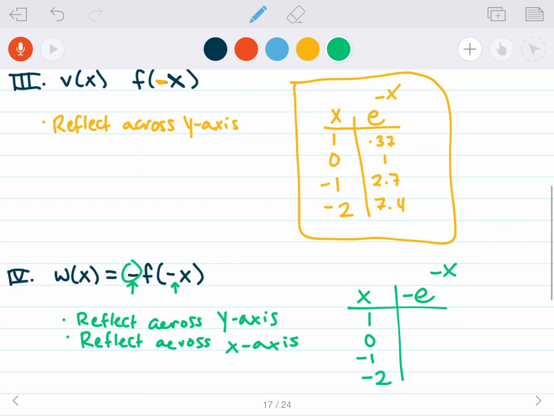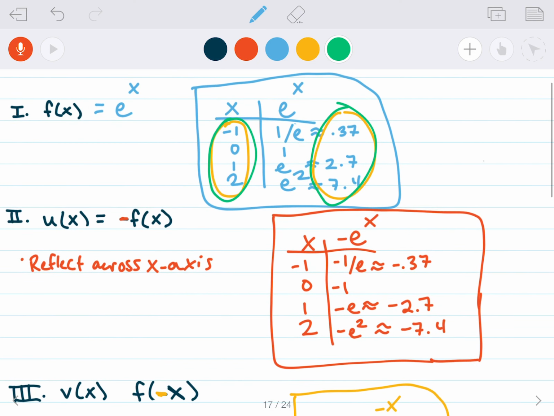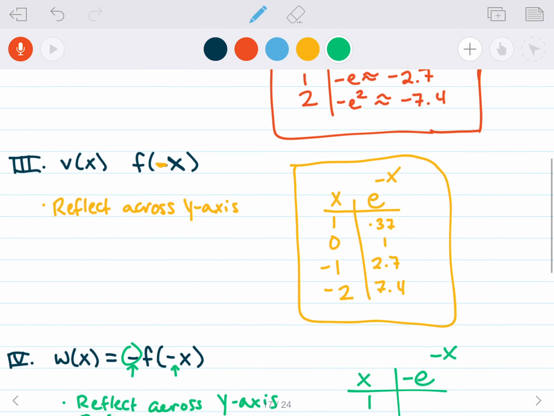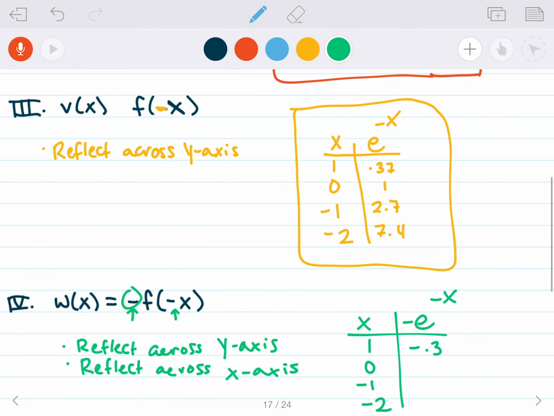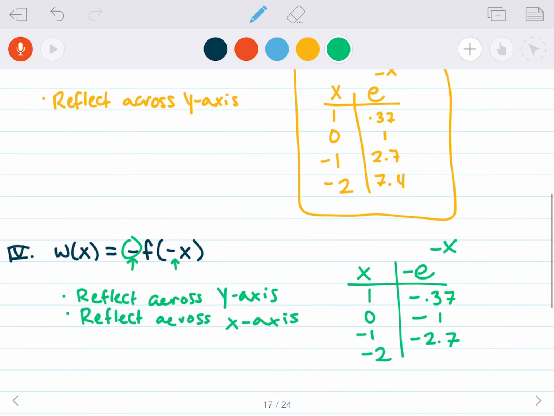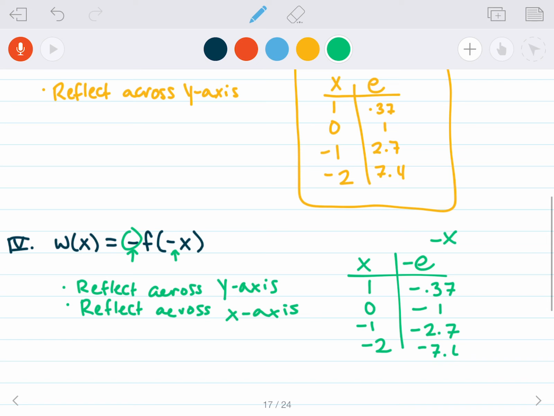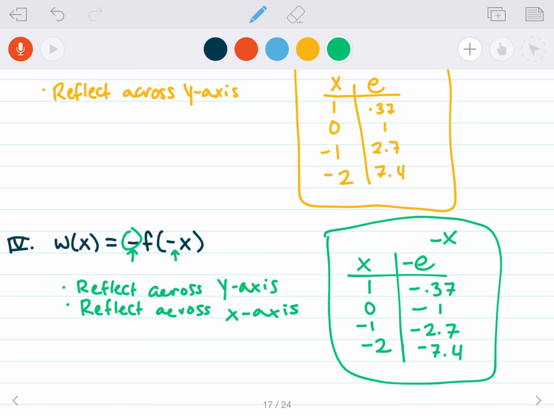And then for my outputs, negative 0.37, negative 1, negative 2.7, and negative 7.4. So let's take a look at how this looks on Desmos.